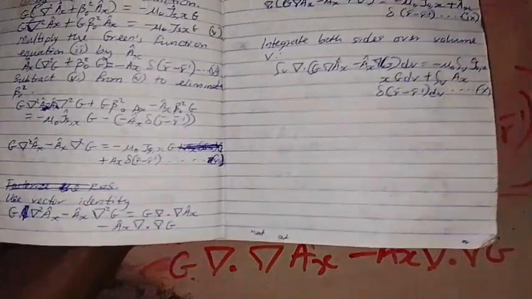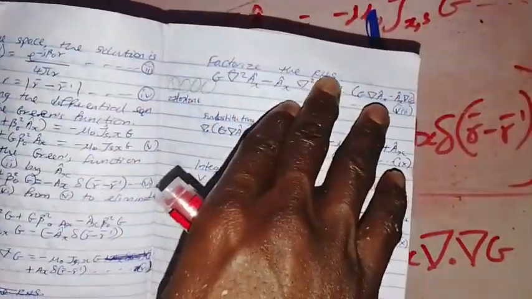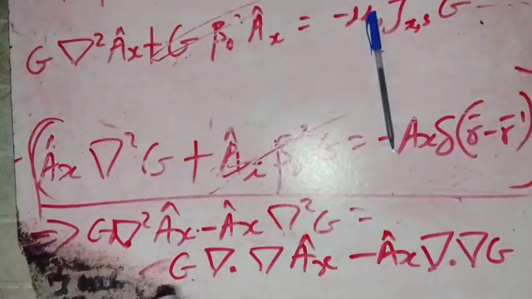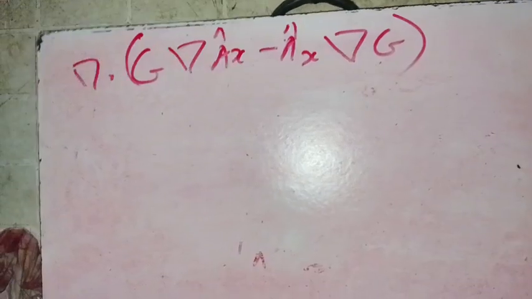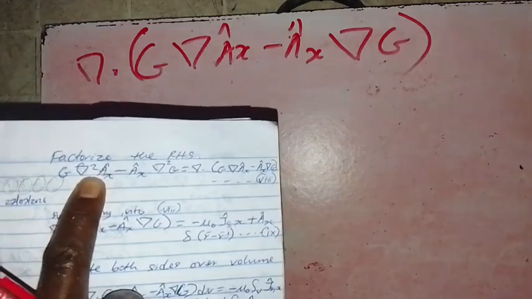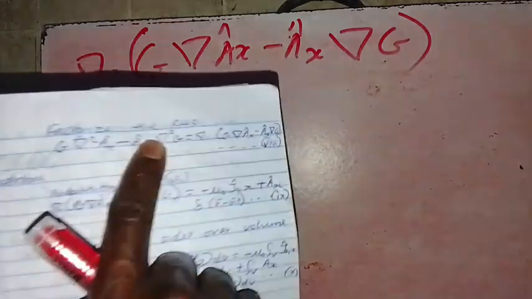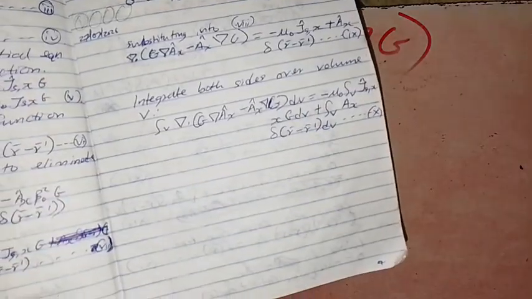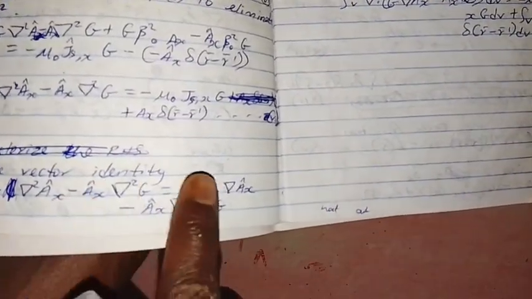Can you see that? Then what they said, factorize the right hand side, which is this other part now. Let me write it out so we can see this thing. This whole thing is equal to this expression.